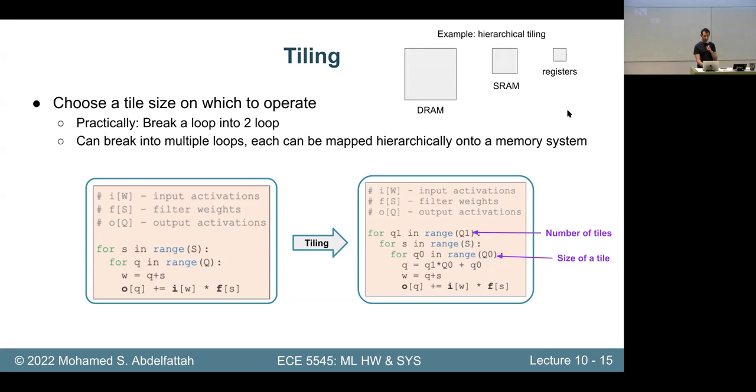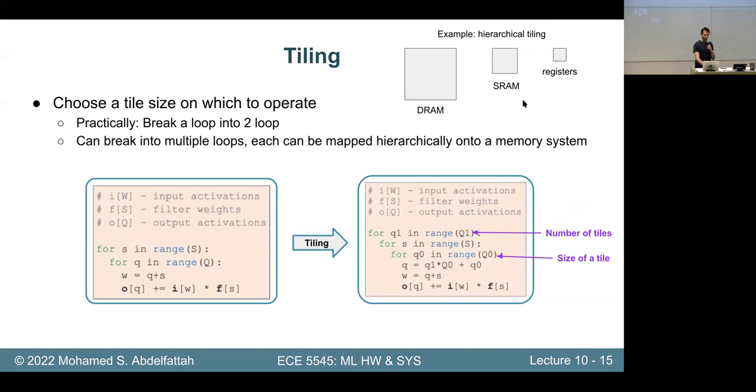And so if you have this inner loop iterating over Q0, then maybe you choose Q0 so that everything fits in your registers, for example, close to the PEs. And then you know that you can allocate that memory there. And so you say, okay, this tile, for this loop iteration, I'm going to just put it in the registers, or maybe it fits in the SRAM. And that's where you will put it.